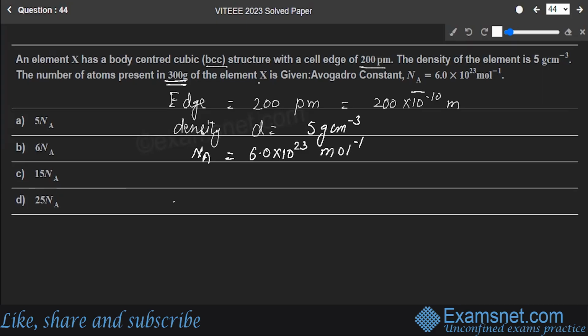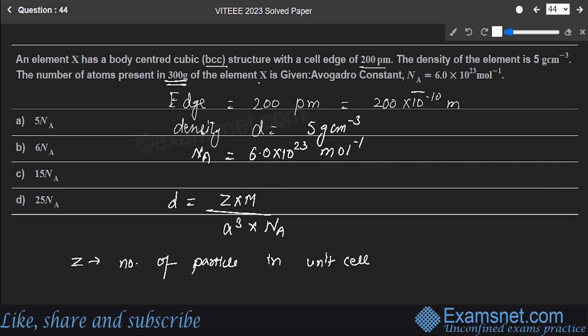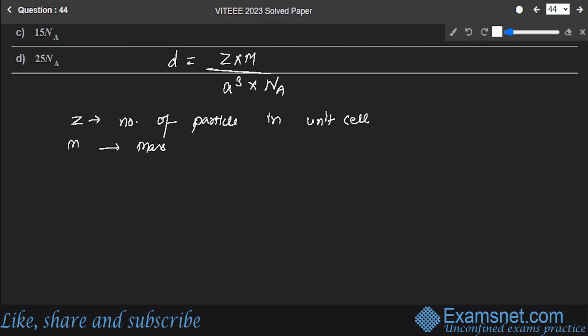Right. Now the density is given by the formula Z into M upon A cube into Na, where Z is the number of particles in the unit cell, M is mass, A is the edge, and Na is Avogadro's number.